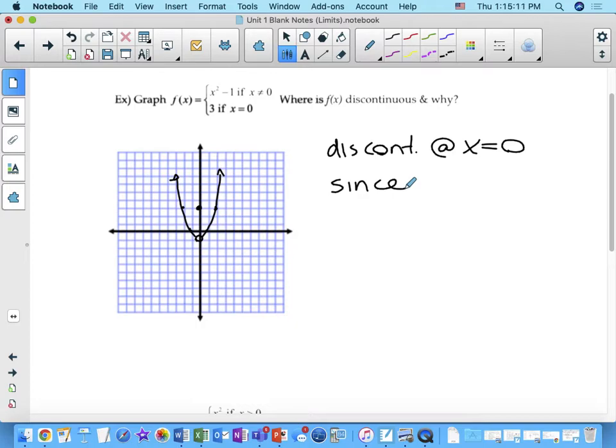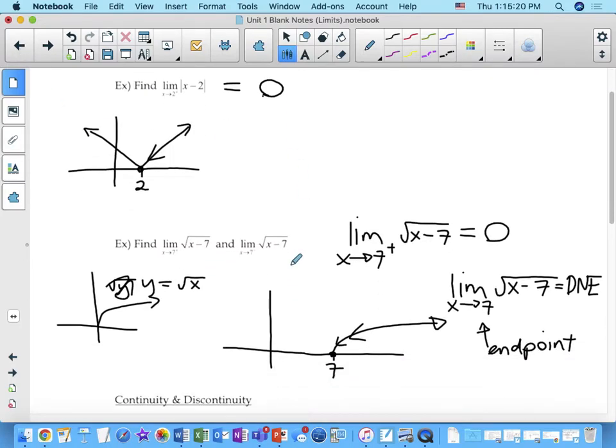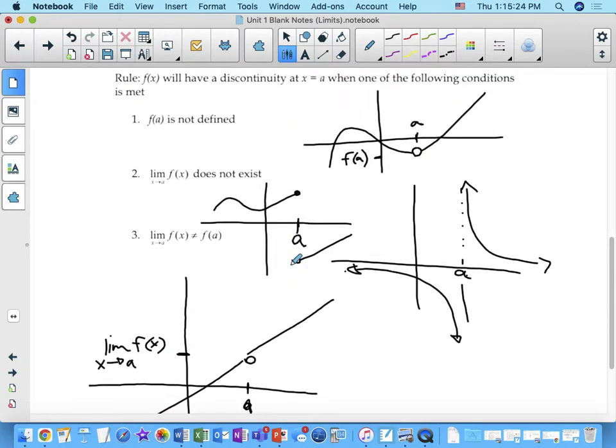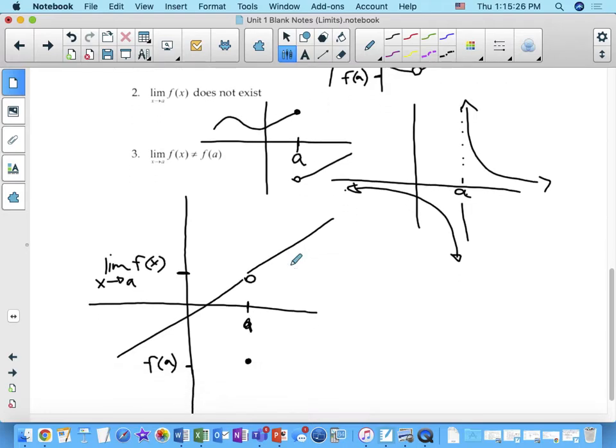Thinking back to what we just talked about on the previous page, around these different types of discontinuity, what sort of language would you use to describe this type of discontinuity? Which one of these three is it?